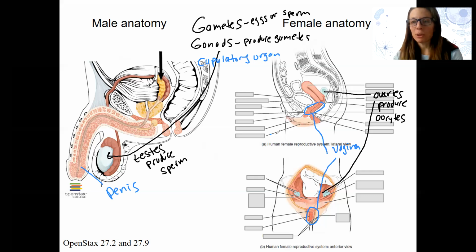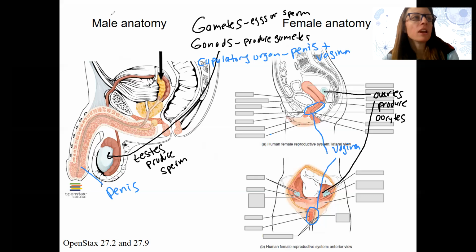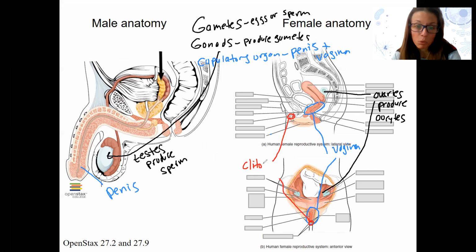Okay, the other thing I wanted to say here is that the copulatory organs, penis and vagina, allow for transfer of sperm from one organism to the other. However, the homologous organ to the penis is actually the clitoris. So that is probably somewhere, I think that's it right there. It's going to be kind of down here as well. I want to point this out just because it is an important organ.